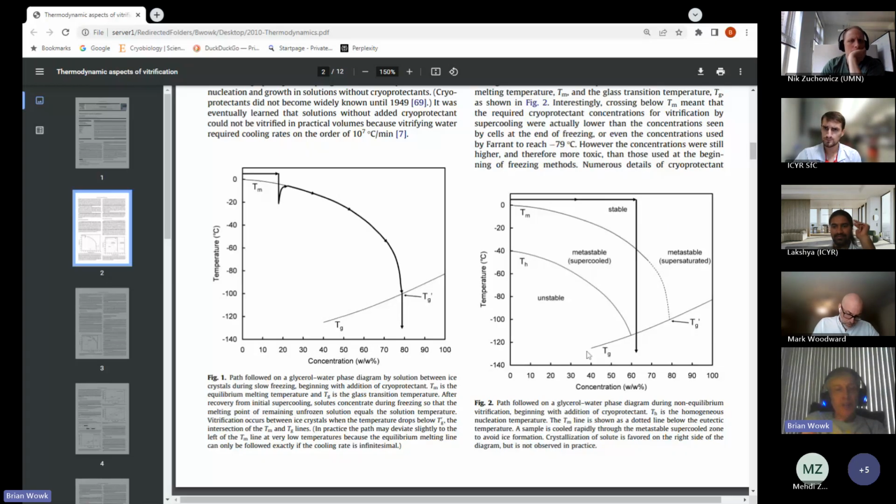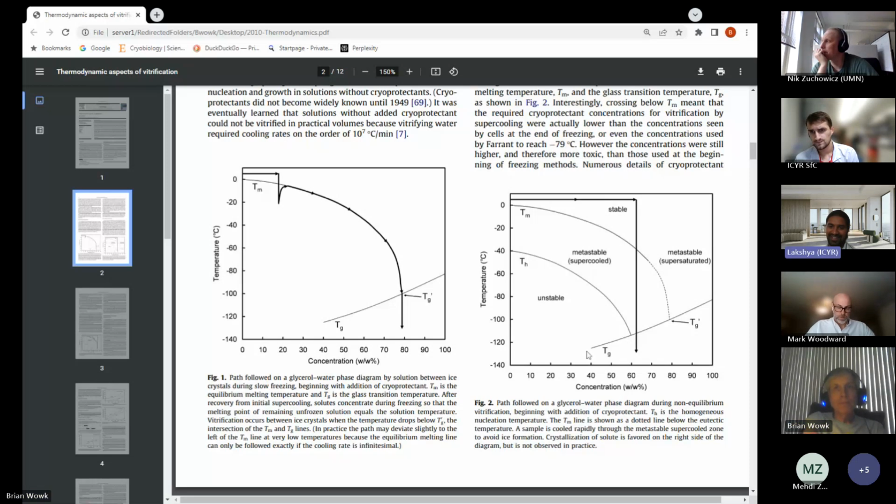That's why, for example, Greg Fahy in his kidney vitrification work changed from using VS4-1A, which has another name now that I've forgotten, but it's a propylene glycol-based mixture, to an ethylene glycol-based mixture that is M22, or the simplified version being VEG, because EG, even though you need more of it, is less toxic than propylene glycol. So yes, there are some solutes that can vitrify at lower concentrations, but empirically they tend to be more toxic.